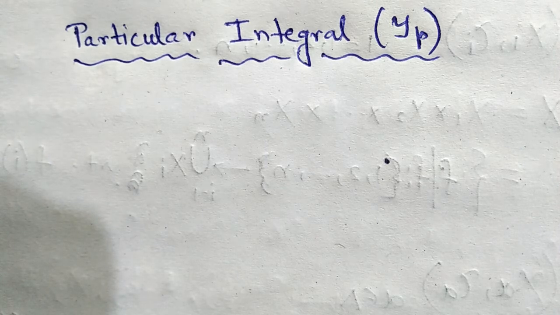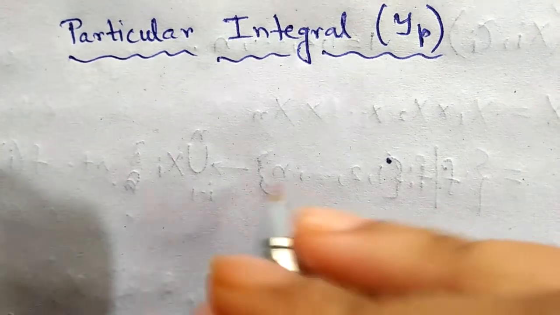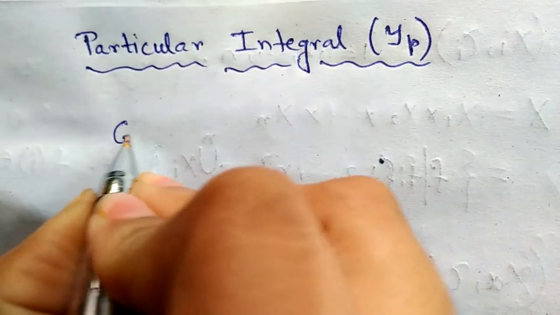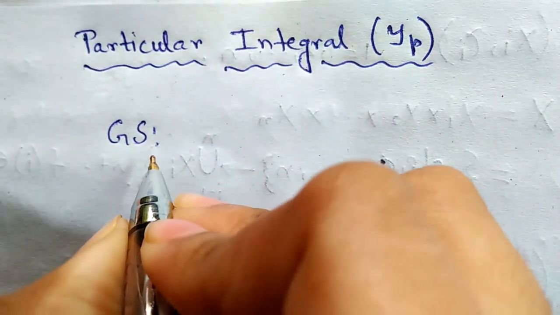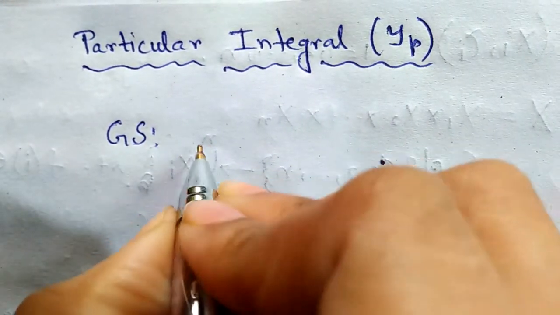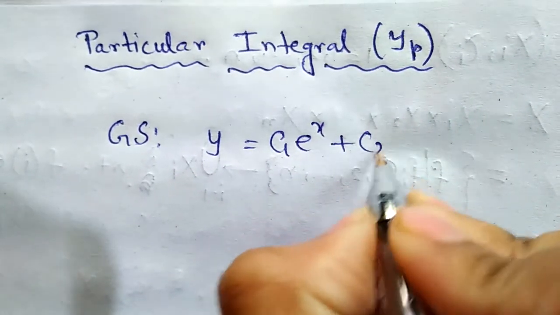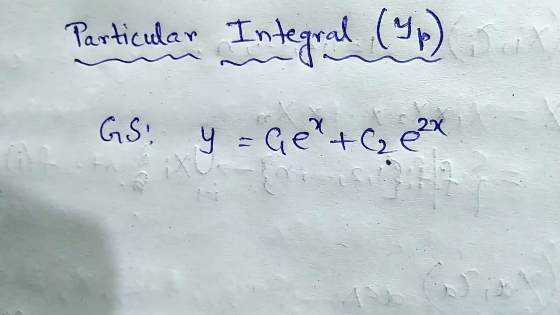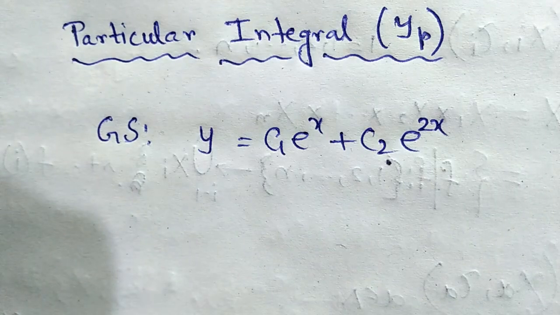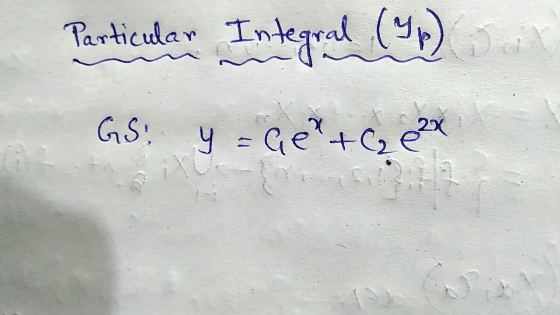So in the case of a particular solution, what happens? Just suppose we write a general solution as y equal to c1 e to the power x plus c2 e to the power 2x. Suppose this is a general solution of some ordinary differential equation where c1 and c2 are independent arbitrary constants.